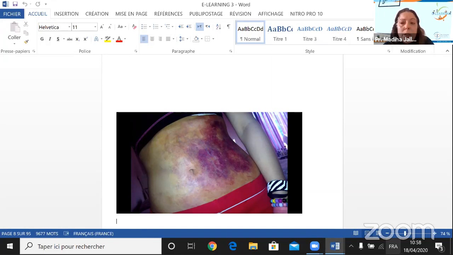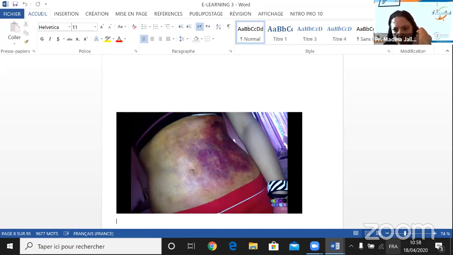And what caused this discoloration of the skin? What do you think? Any idea? A blow. Yeah, good. A strong blow.